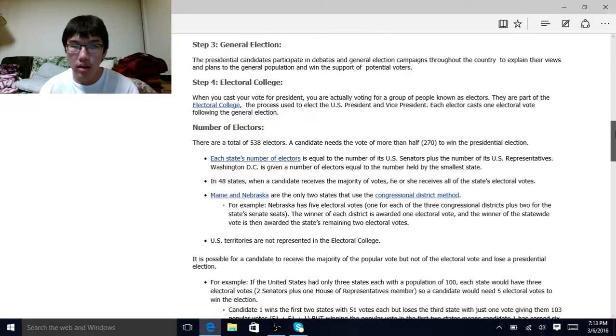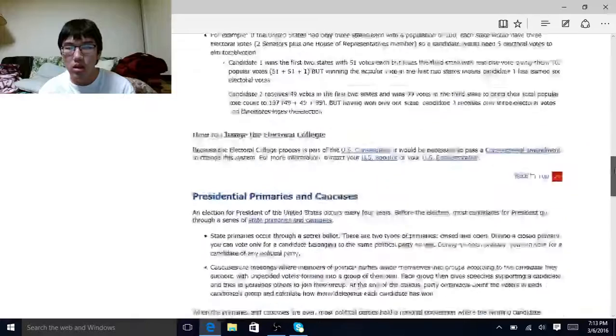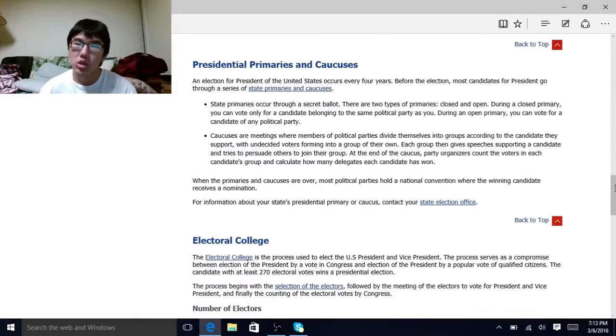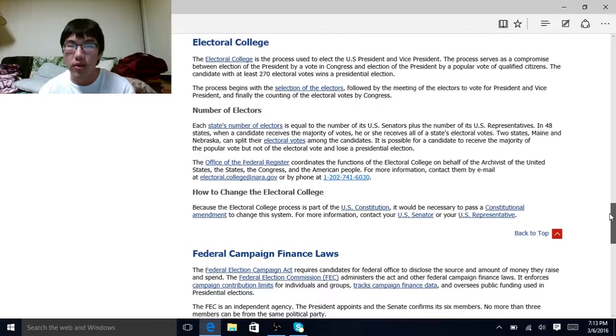Then there is an election to choose the people in the electoral college, and then the electoral college votes, and if a person receives 271 votes, then that person wins, and whoever has the majority of the votes from the electoral college becomes president.